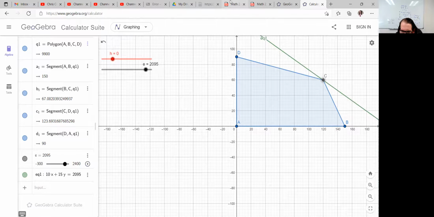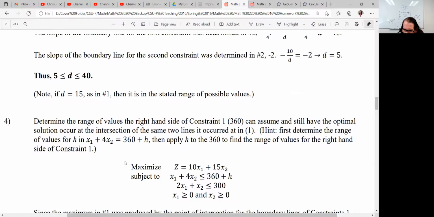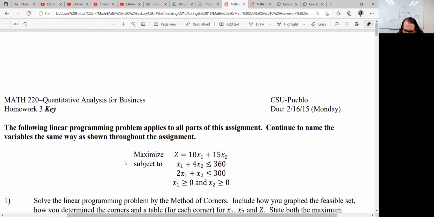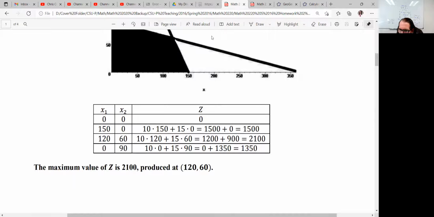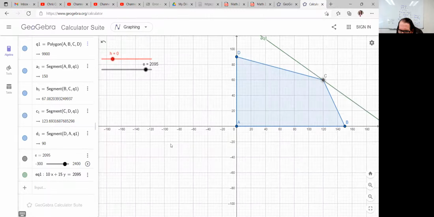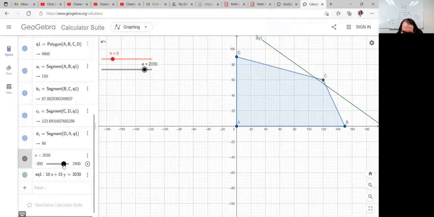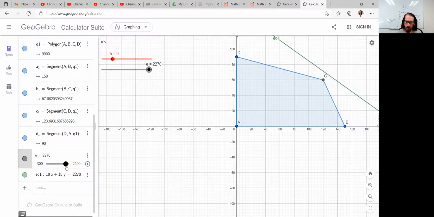And our maximal solution was, let's see here, 2100. All right. So backing it up a little bit. Well, jumping past it, but right around here, you can see the 2100.